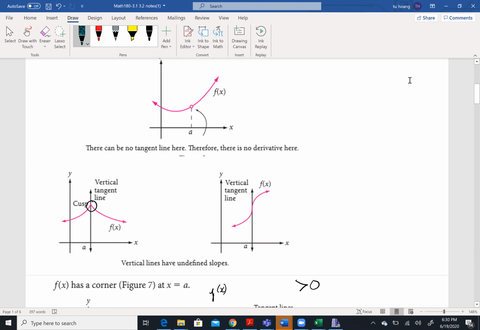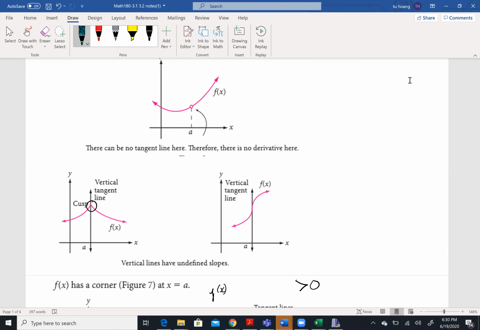The second case is if the graph has a vertical tangent. You have a vertical line at the tangent, but that means the slope is undefined. So in this case, we don't have the derivative.